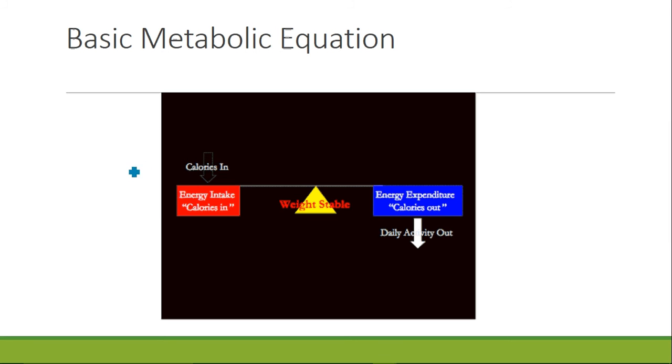Okay, so guys, this is the basic metabolic equation. What does it mean by basic metabolic equation? The thing is, if what you eat and what you spend is basically the same, then you will maintain your weight. So this is the meaning in short.